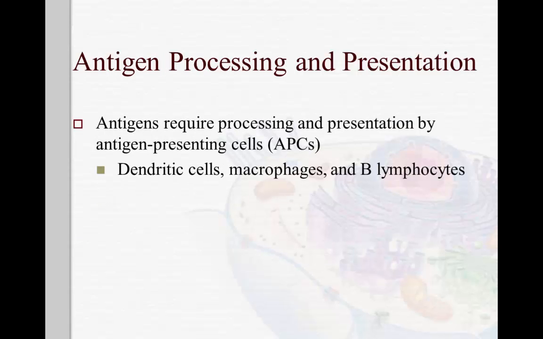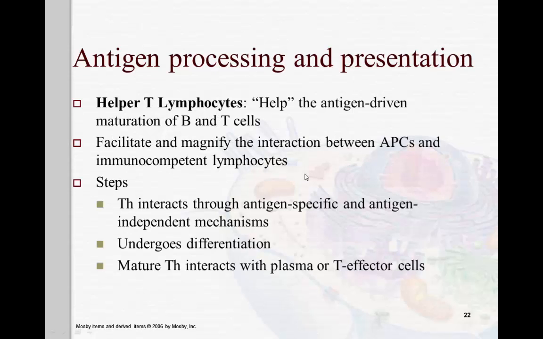Then again, we talked about the antigen processing and presentation cells that, besides the prior group of cells that we discussed, I explained that dendritic cells, macrophages, and B lymphocytes also participate. Now, let's talk about T lymphocytes, which are the helper T cells.